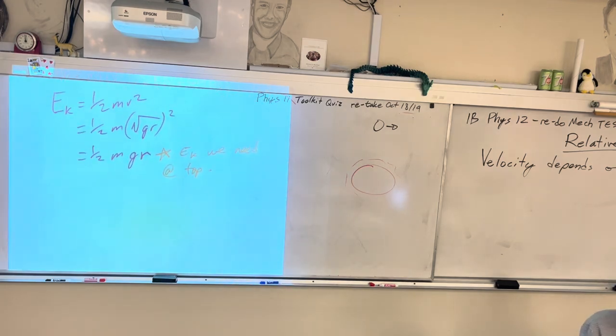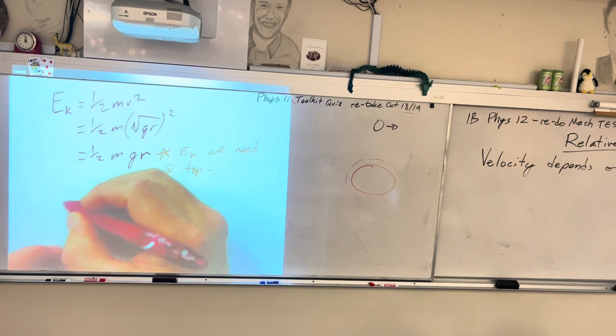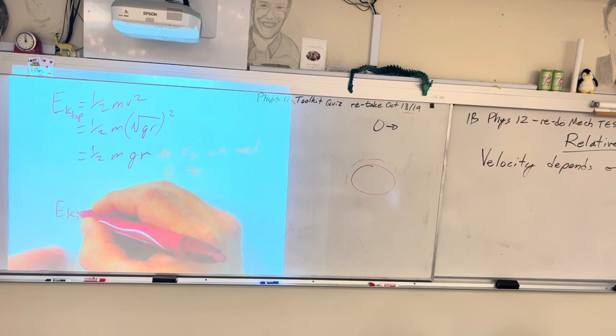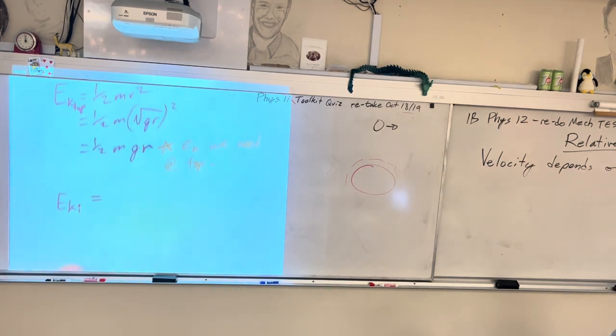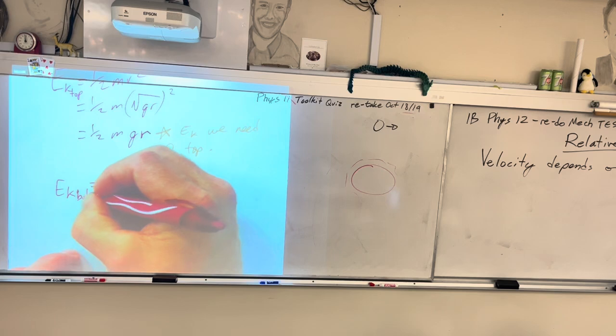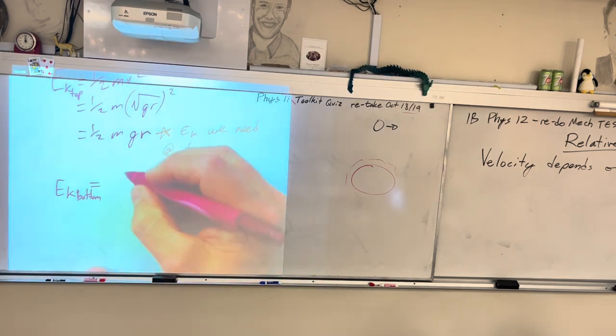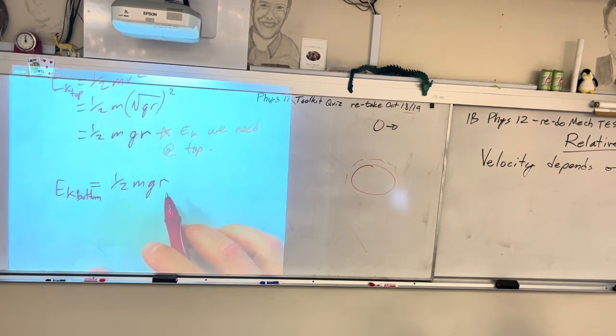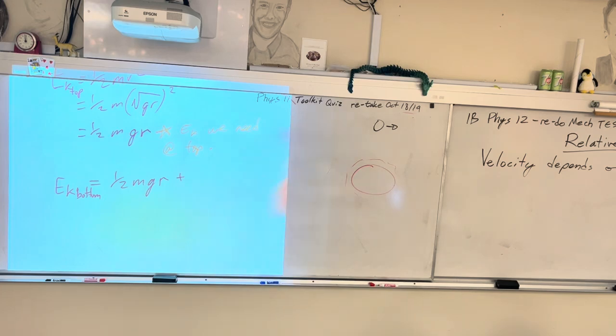And so how would we calculate the energy we need at the bottom? Kinetic energy at the top plus the potential energy at the top. Perfect. So if I say EK at the bottom, the kinetic energy at the bottom has to be half mgr, which is the kinetic energy we will need at the top, plus we have to negate that mgh.